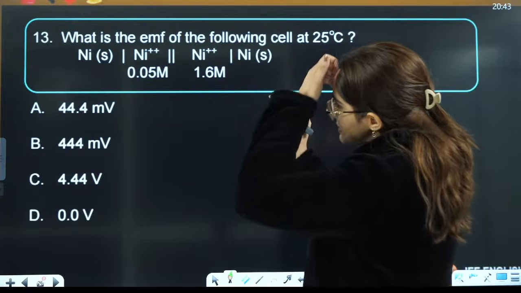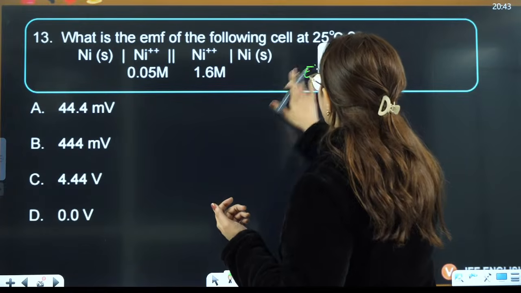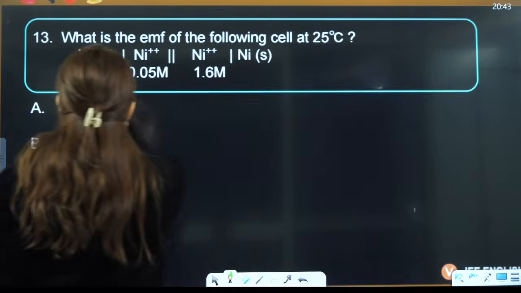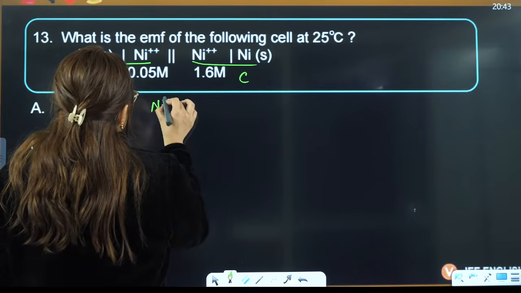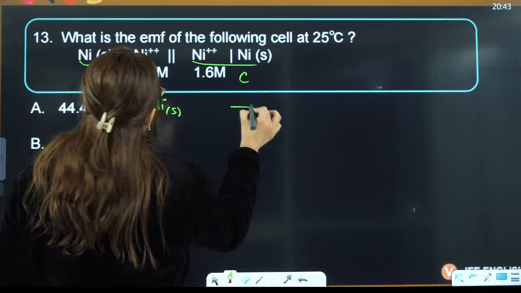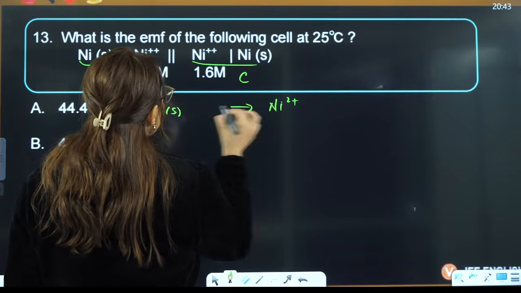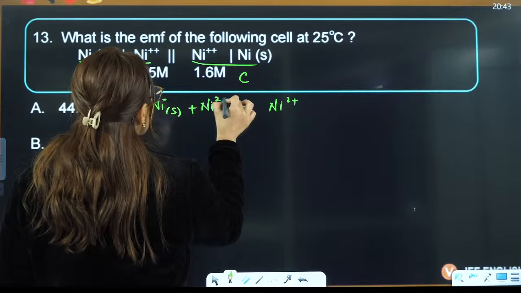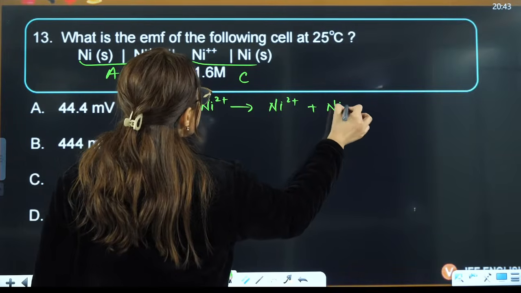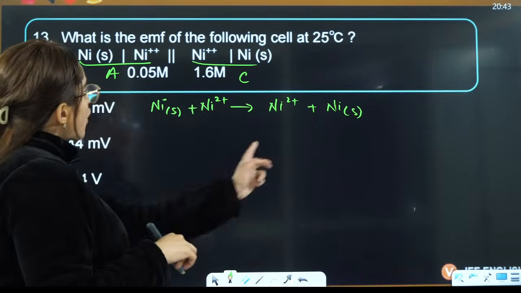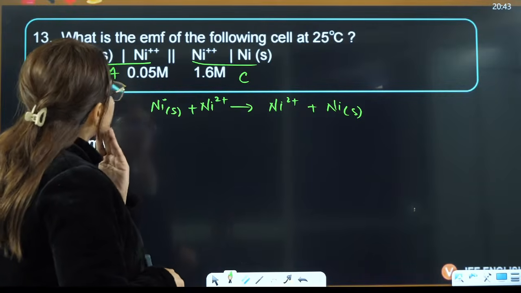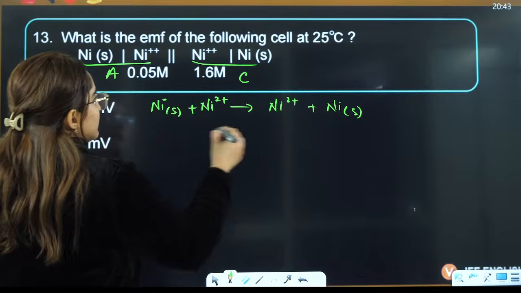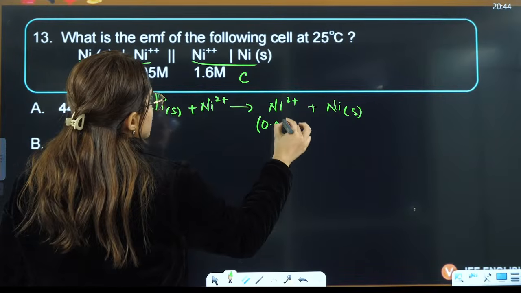For the EMF of the following cell, firstly E0 cell, you have to write the reaction here. This is A and this is C. Nickel solid is converted to nickel 2 positive, and nickel 2 positive is converted to nickel solid. When oxidation is happening, the value is 0.05.